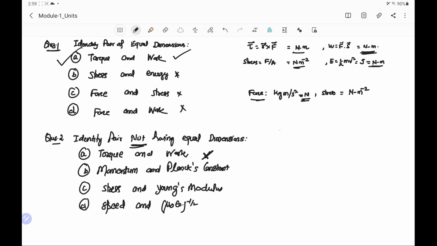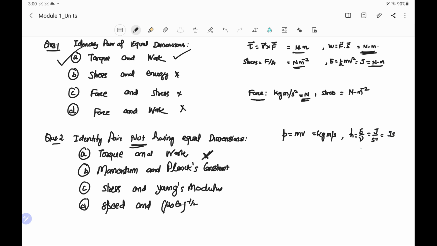Momentum and Planck's constant. Momentum is defined as mass into velocity. That means its unit is kilogram meter per second. And Planck's constant h is E by nu. E is the energy, nu is the frequency. Energy is in joule, frequency is in per second. It means it is joule second.